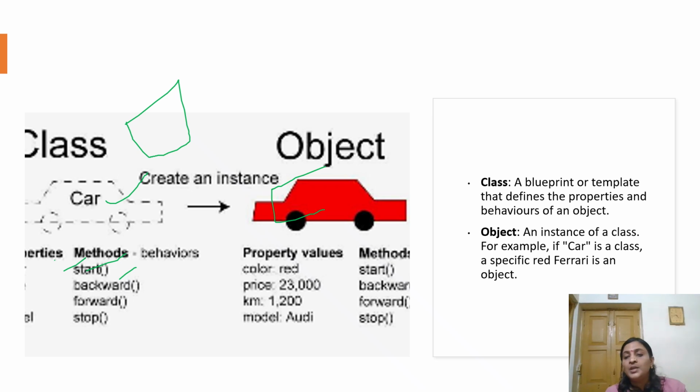An object is an instance of a class. It means it has the right to access all the behavior of the class. Its data types, meaning attributes, are color, price, and kilometer. And we can create many different types of objects according to the class.